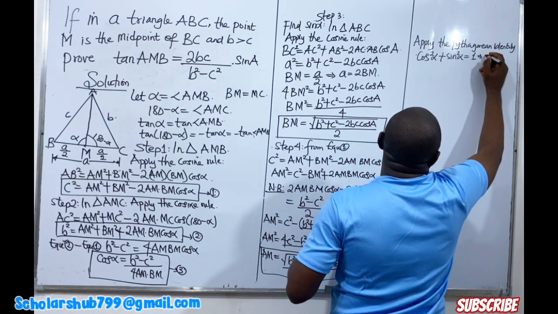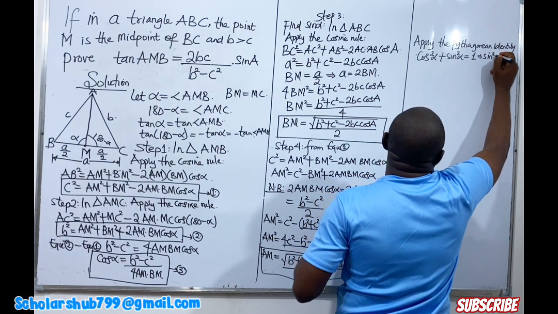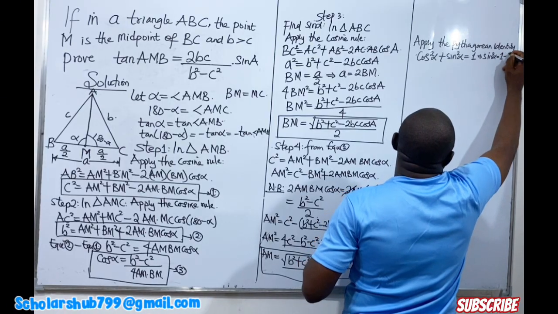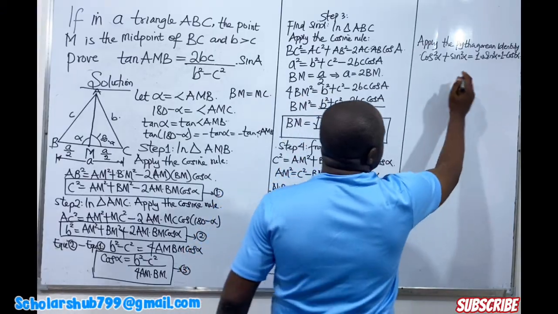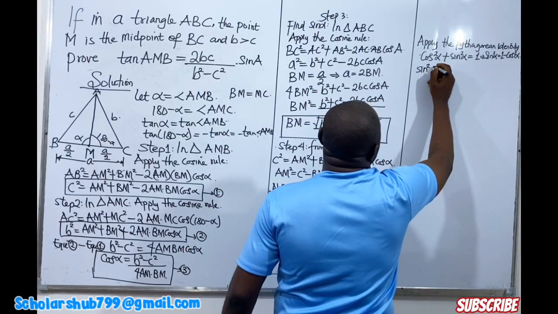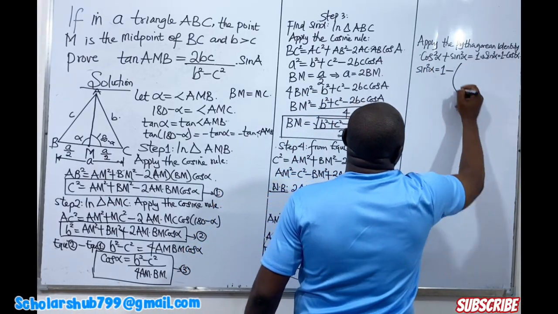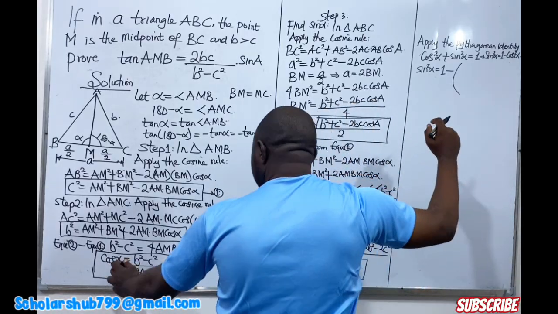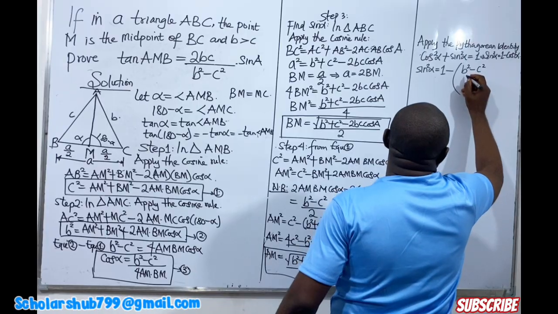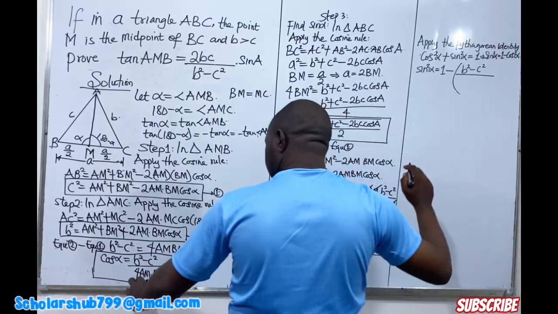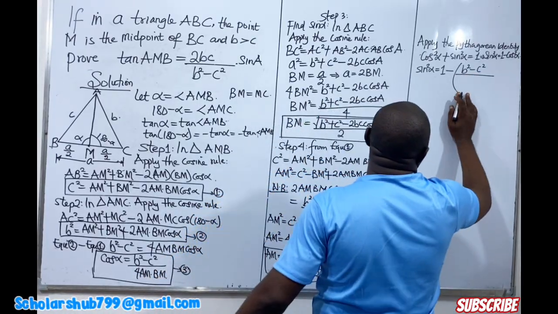So sine squared alpha will be 1 minus cos squared alpha. We know cos alpha will be b squared minus c squared divided by 4 AM BM.